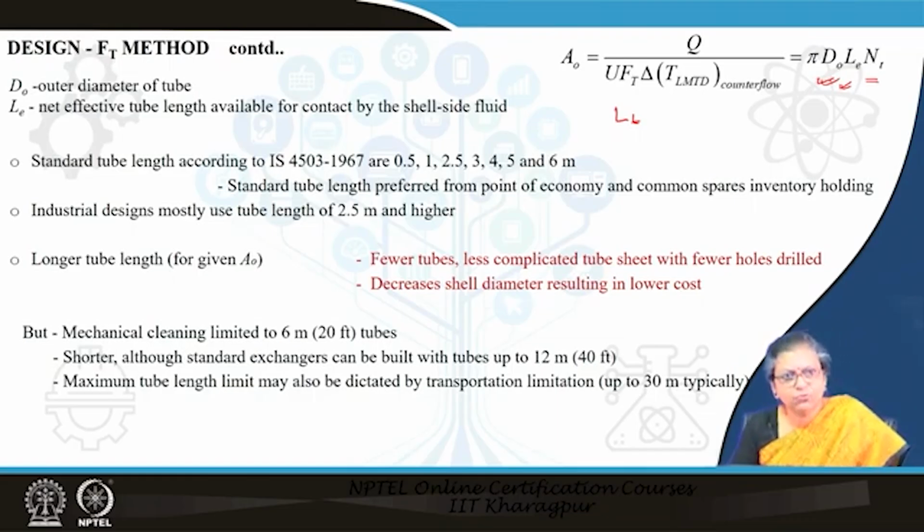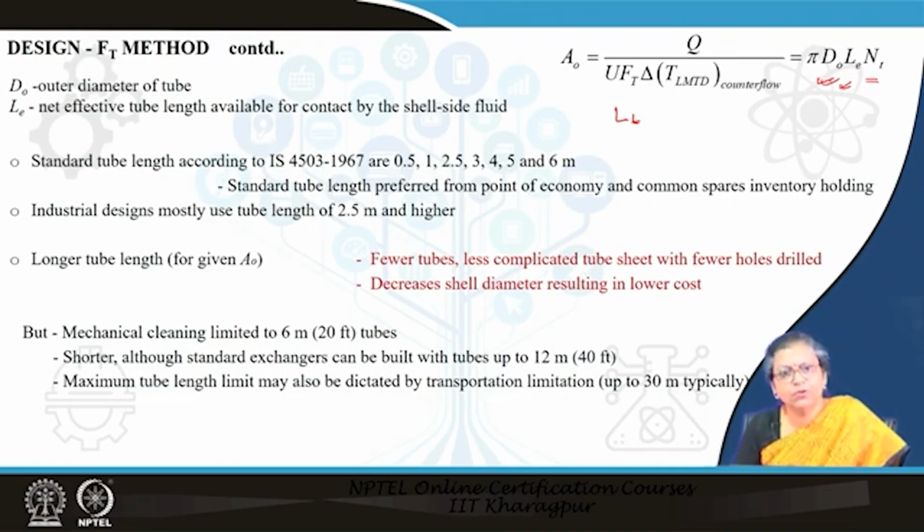Now we would like to go for longer tubes under what conditions? When we go for longer tubes, we would need fewer tubes. When we have fewer tubes, fewer holes can be drilled in the tube sheet, so the tube sheet fabrication becomes less complicated. The other thing is, when we go for longer tubes, it decreases shell diameter, which results in lower cost.